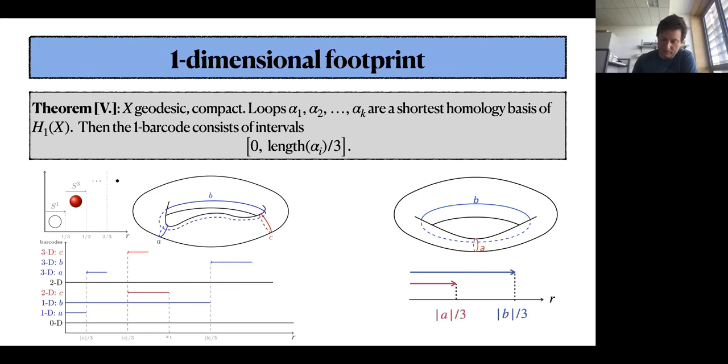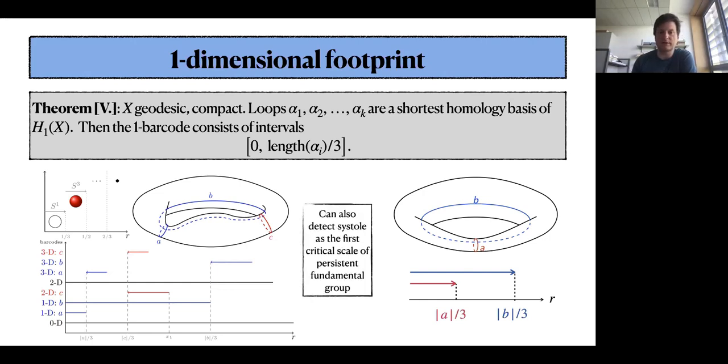The first time something happens, that's the first time you have a non-contractible loop, and that's a systole. So essentially, if you computed persistent fundamental group, the first critical scale would just give you 1/3 of the length of the systole. And just like here, you could actually locate that systole just from the critical simplex that gives you that.